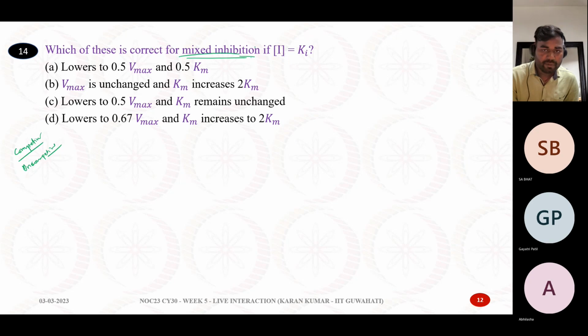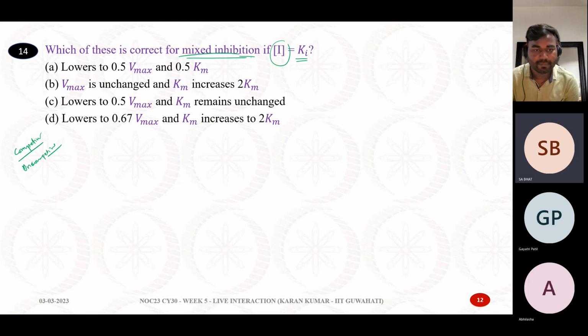If you set I equal to Ki, what will be the fate of Vmax and Km? In case of mixed inhibition, both Vmax and Km will change. Now you can calculate.